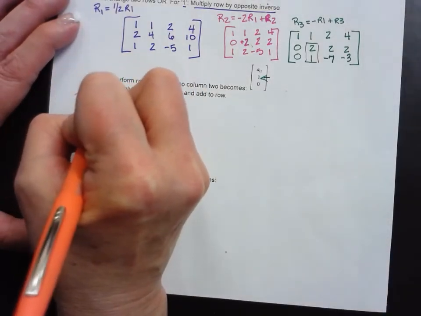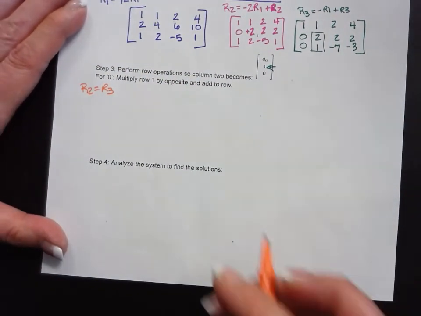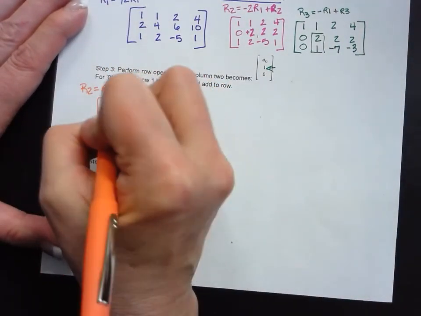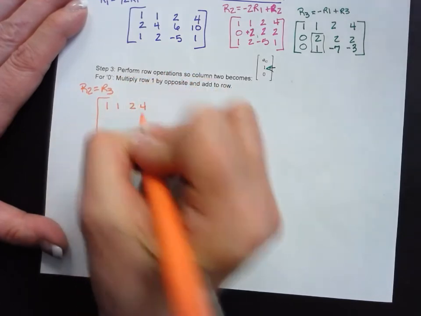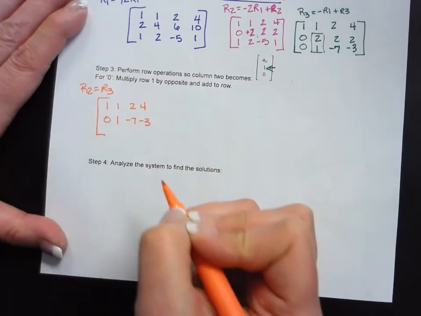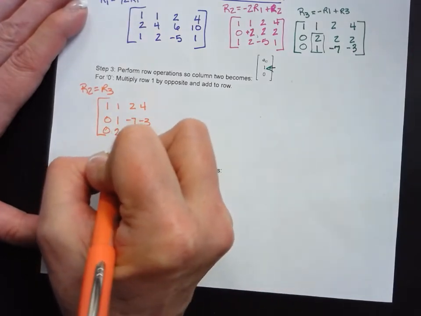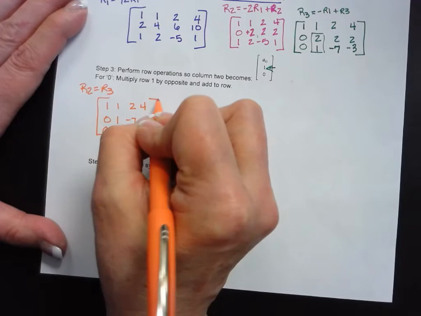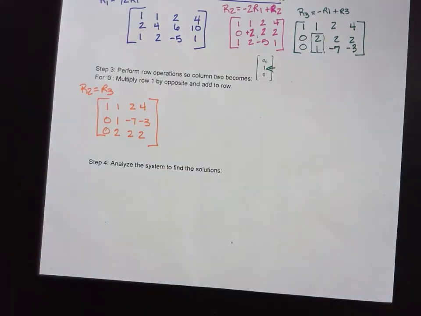Row 2 is going to become row 3. And so then 1, 1, 2, 4. I have 0, 1, negative 7, negative 3. And then 0, 2, 2, 2. Those are the easiest ones. Look for those 1s and 0s that you can move stuff around. It makes life so much easier. You don't have to do a calculation.